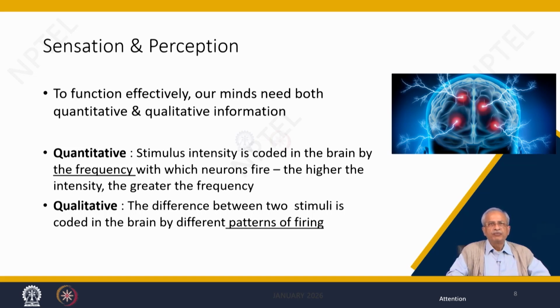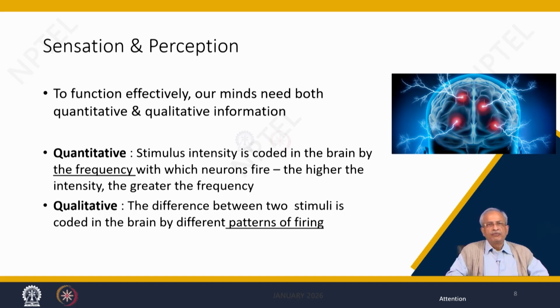Although we get a large number of inputs from outside, they are patterned in the brain, and the patterns of neural firing help us understand that the two stimuli are different. So in sensation and perception, we try to understand what information we get in terms of frequency in quantitative terms, and in qualitative terms how the two stimuli are different and in which way they are represented in the brain.